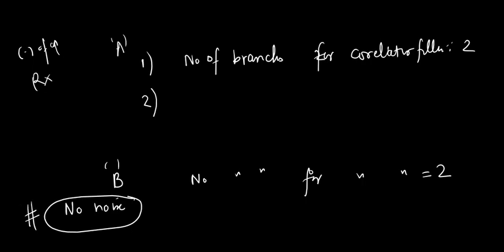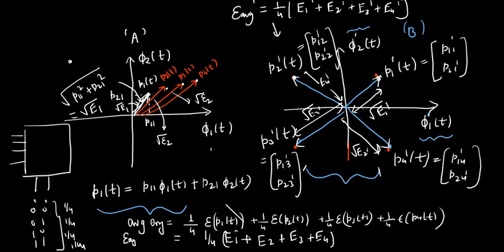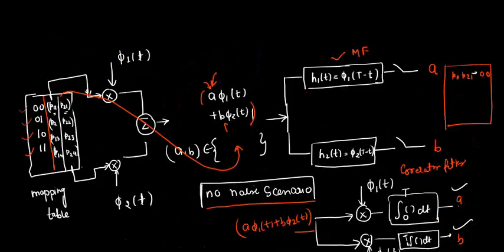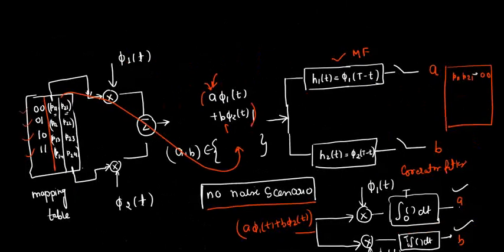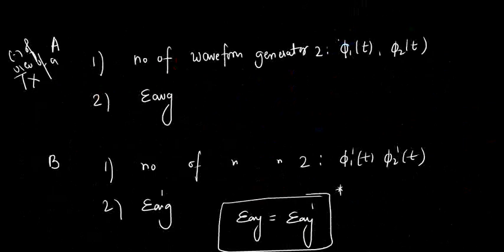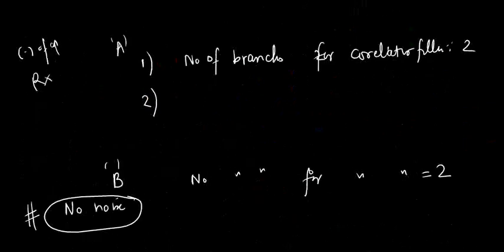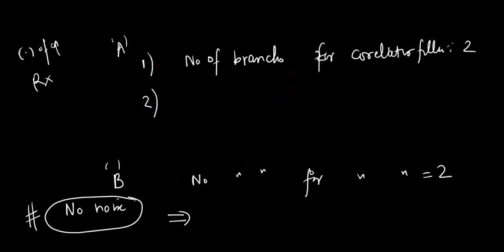Whether you implement A's waveforms or B's waveforms, there will be no problem, right? Because the receiver just implements these two, and whatever comes out he will tell accordingly, whatever the weightage of phi 1 t and phi 2 t. So no problem, in the no noise case both are equally good.